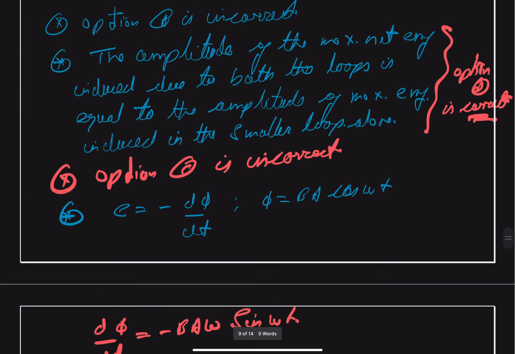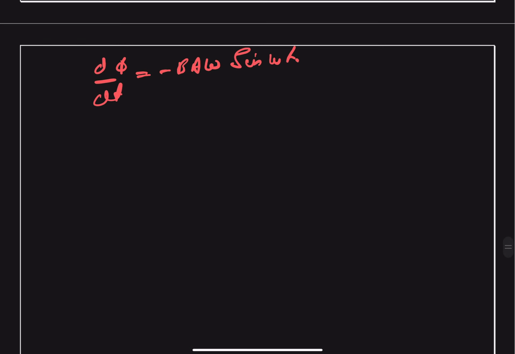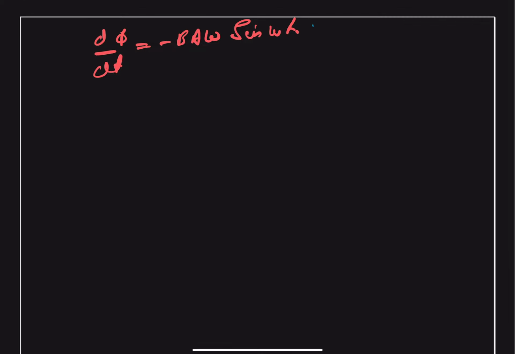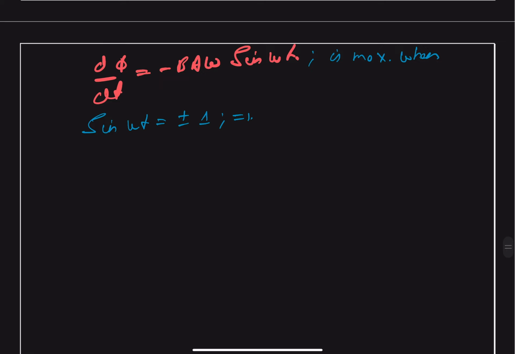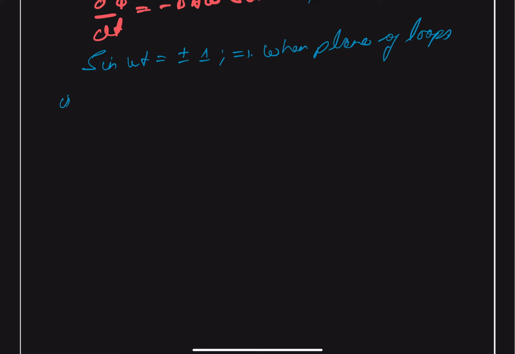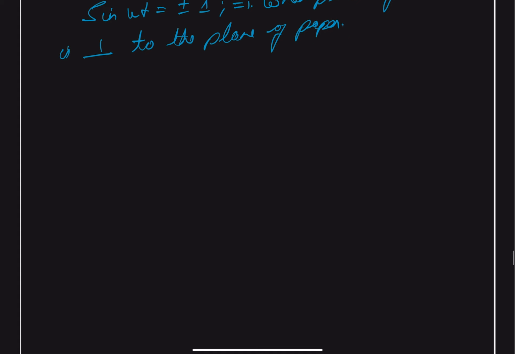So we can say the rate of change of flux, that is d phi by dt, is maximum when sine of omega t is equal to plus minus 1, and this happens when the plane of the loop, or we can say loops because we have two loops, is perpendicular to the plane of the paper. So option D is also correct.